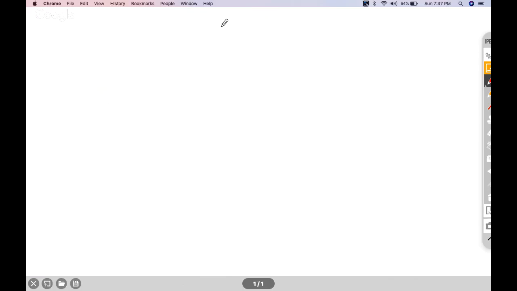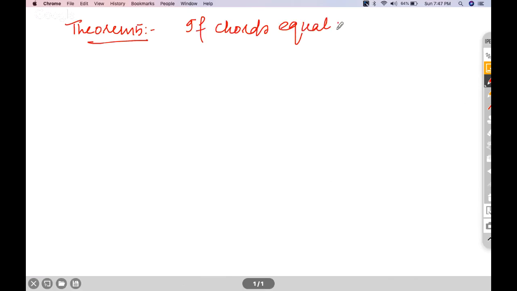Now, theorem 5 is exactly the opposite of it. It says that if chords are equal, then arcs are congruent. I'm not writing the complete theorem because it is taking a lot of time.